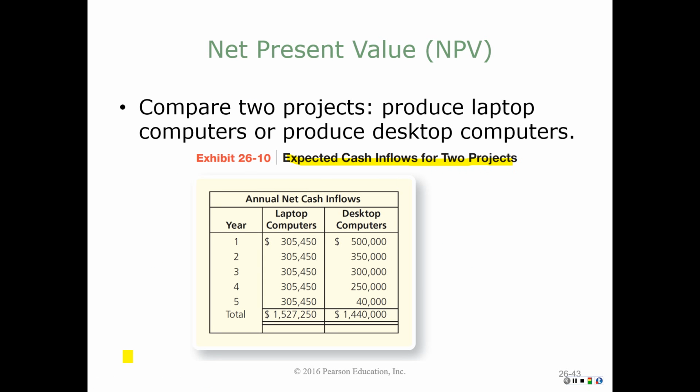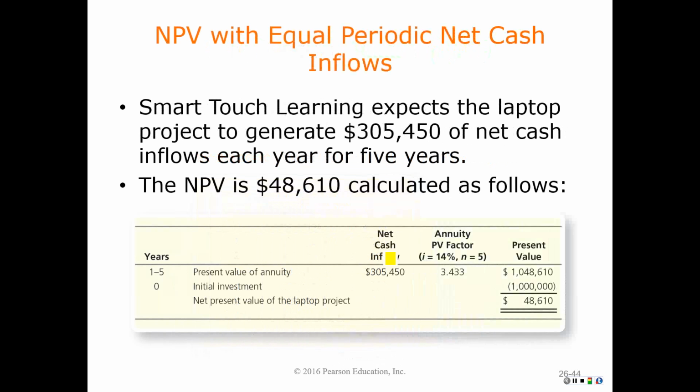As you can see, the cash inflows are significantly higher for the laptop computers, $1,527,000, compared to the $1,440,000 for the desktop, but the desktop cash flows are higher on the front end, so you would be receiving more cash earlier on. As we mentioned in our prior lecture, cash today is worth more than cash tomorrow. So in order to make a truly good analysis, we need to bring these values to their present value.